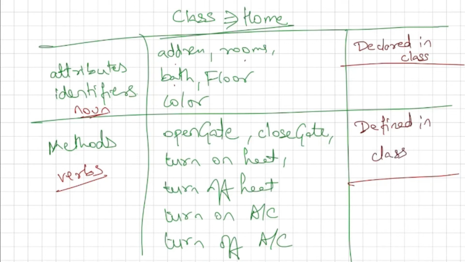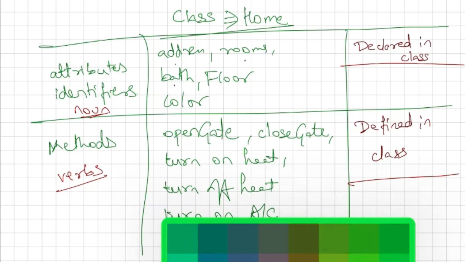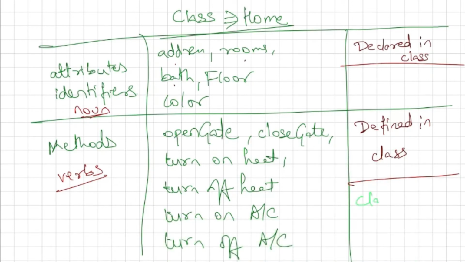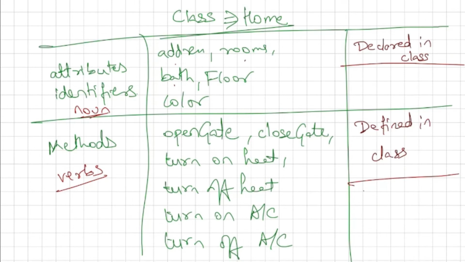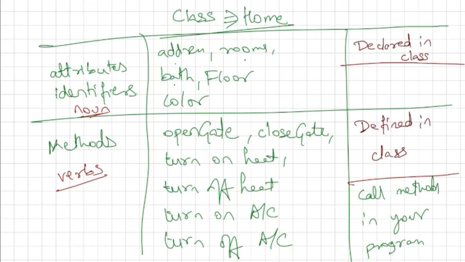So methods are defined in class. You don't have to do anything else with the methods in your main program. What you can do is call methods in your program, but for these attributes you have to set values.